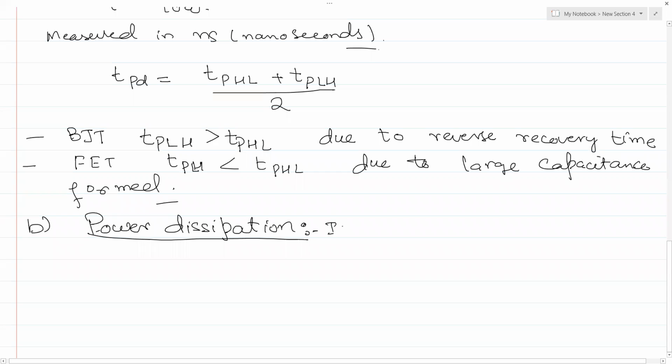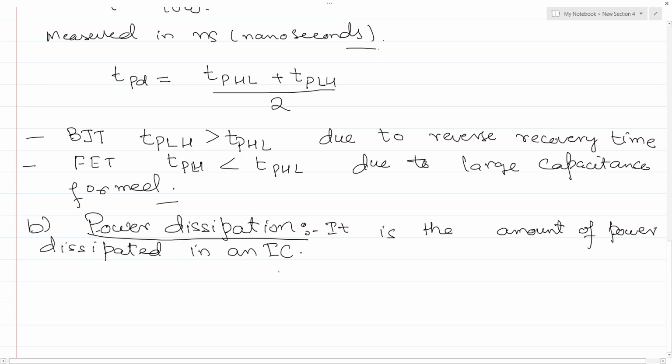It is determined by the current ICC, which is drawn from the VCC supply. So there will be some supply called VCC, and the current drawn from it is ICC.